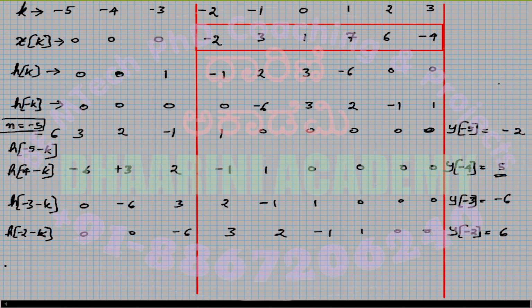Six. Okay, then h of minus 1 minus k, right? So 0, 0, 0, minus 6, 3, 2, minus 1, 1, 0. So I get y of minus 1.